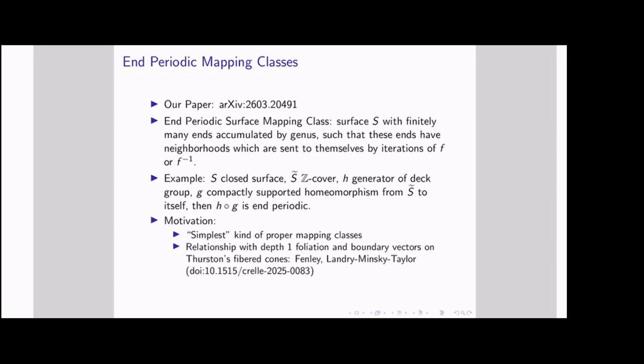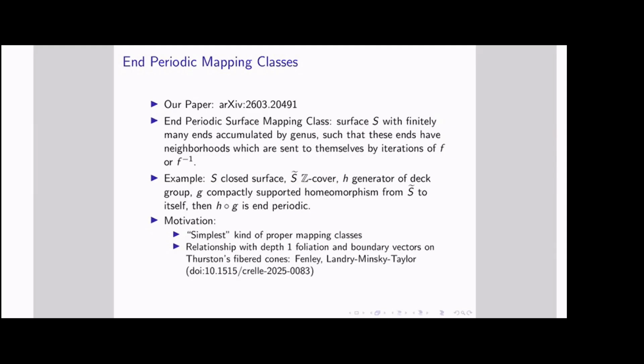We call that H. And if we have another homeomorphism from this infinite genus surface to itself, which is what we call compactly supported, by which we mean that there's a compact region where the homeomorphism is not the identity, and outside this compact region it's just the identity map.